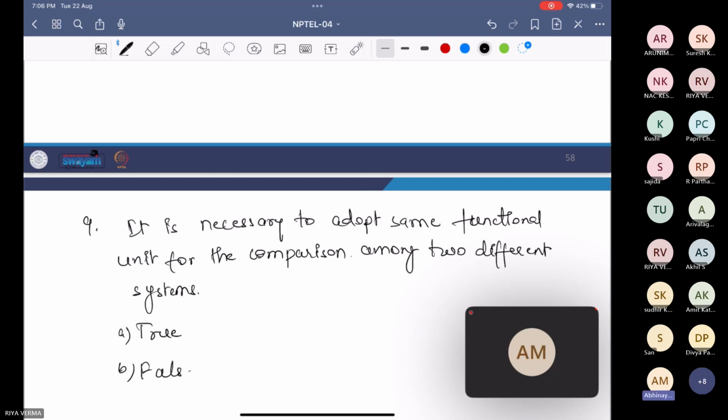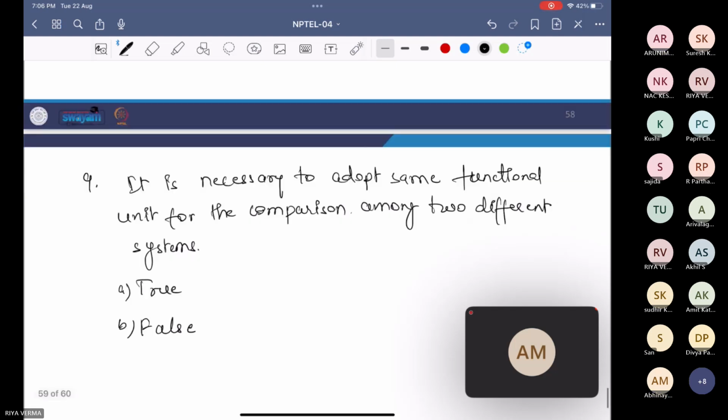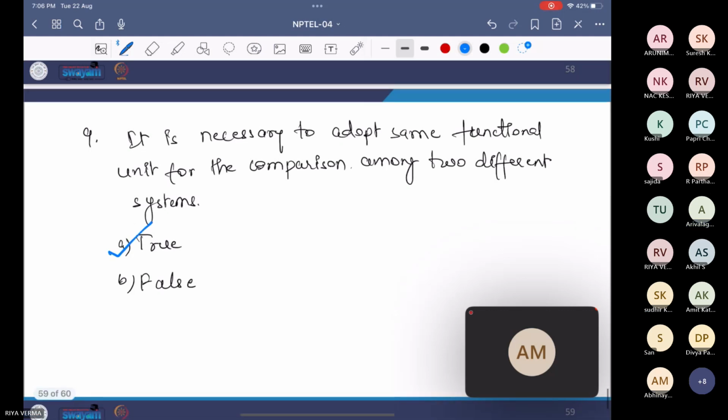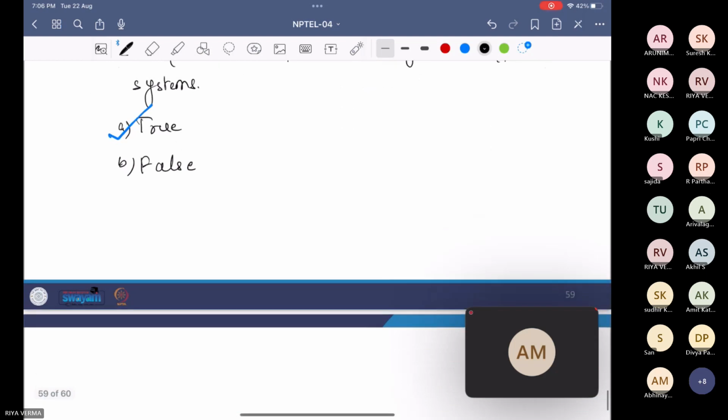True or false? True. Right, option A. Our whole study is based on this concept, that it is very much necessary to adopt the same functional unit for both the systems.